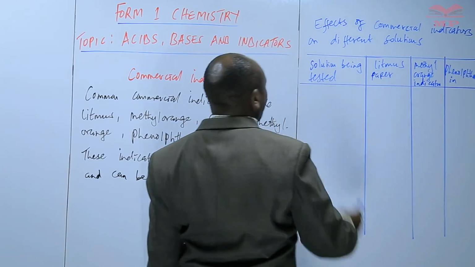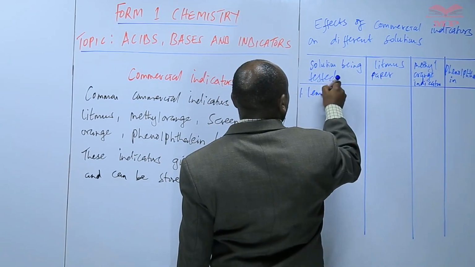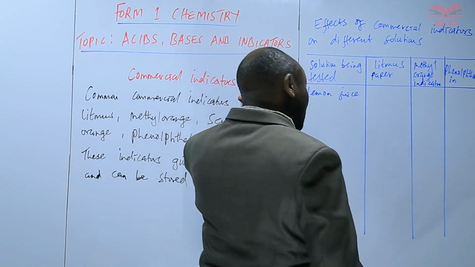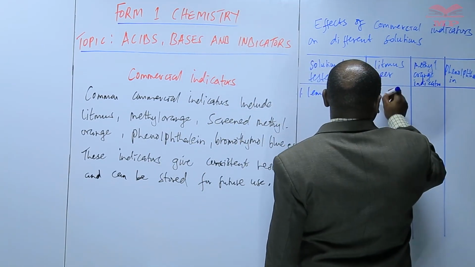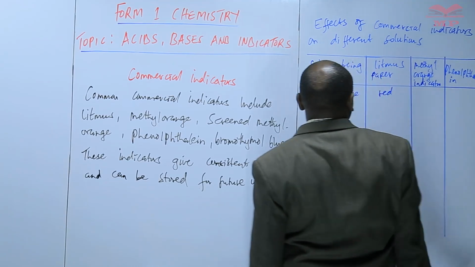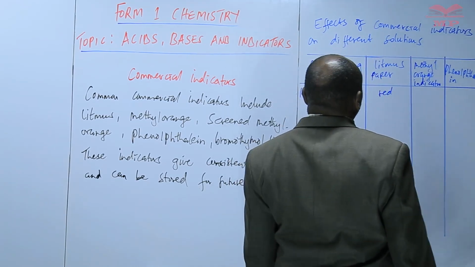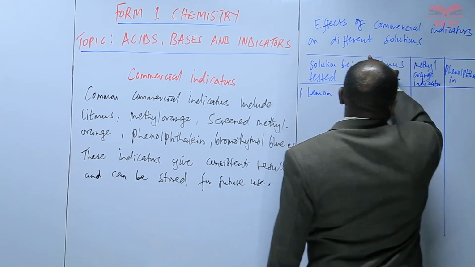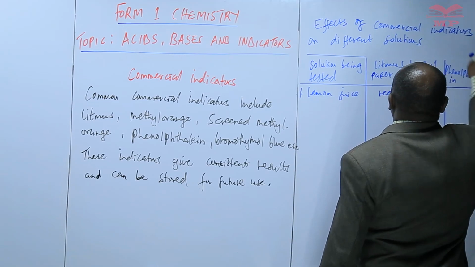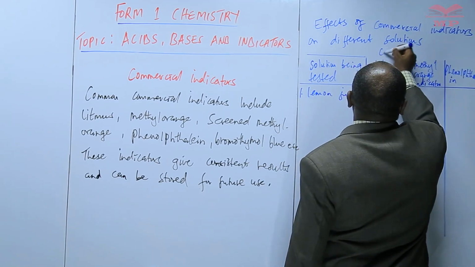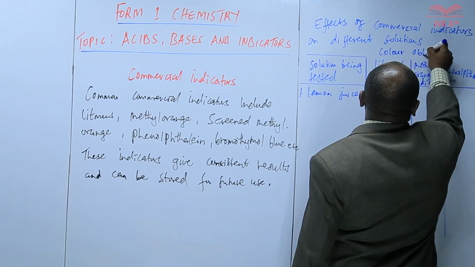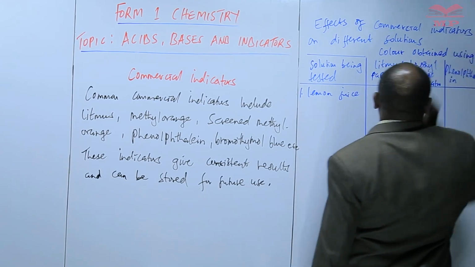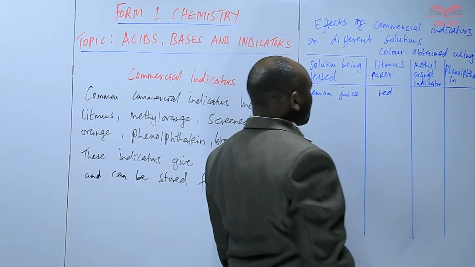For example, we can take lemon juice. If you test it with litmus paper, the color turns red. You can mention somewhere here that this is the color obtained using either of those indicators.